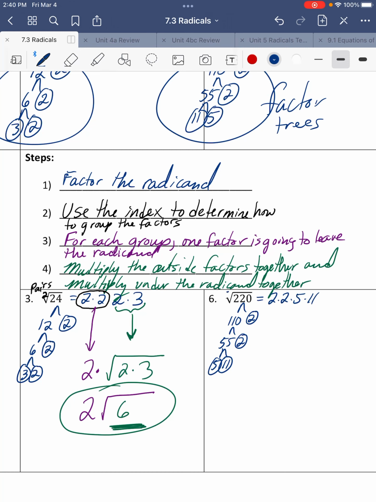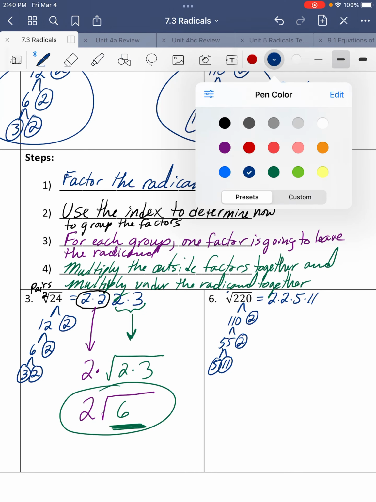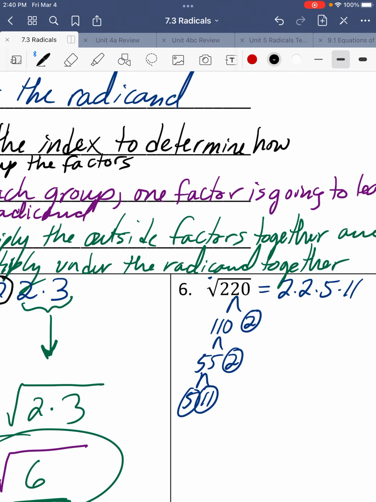The index is a square root, so we're thinking 2, and we have a pair. We do have one pair that we can make, so that's 2, and then underneath the square root, so this 2 should be in purple. And there's nothing else on the outside, no other groupings, so that 5 times 11 will stay underneath.